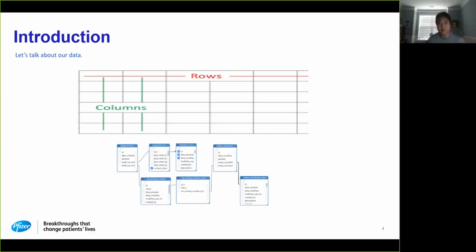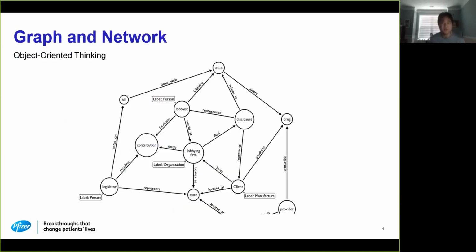It began as trying to change how we conceptualize objects instead of our common relational databases. So when we try to objectify what we have in terms of data in the real world, we try something different, such as this. This is what we call a graph and network, and it helps you look at the data in a more objective way.